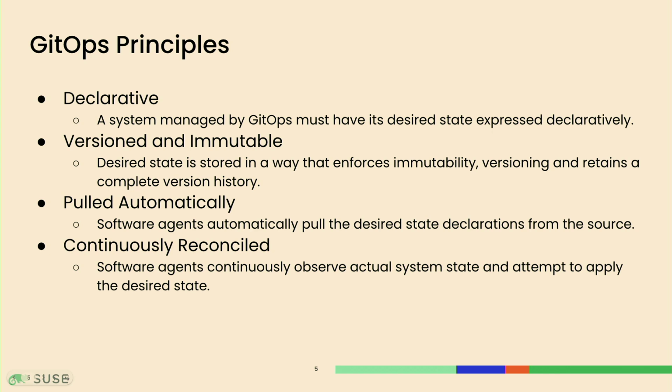It's being pulled automatically from the repository, and every time a change comes in, it's continuously reconciled. So you have the desired state in Git, and then you try to reconcile your cluster environment until the actual environment matches the desired state environment.